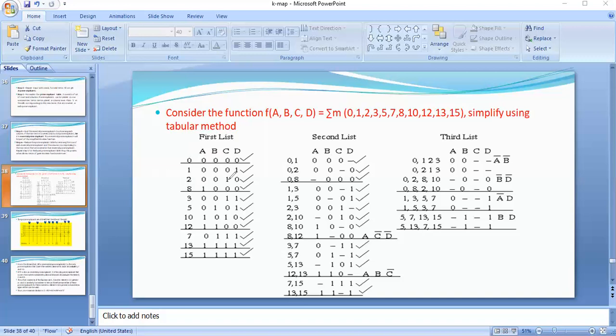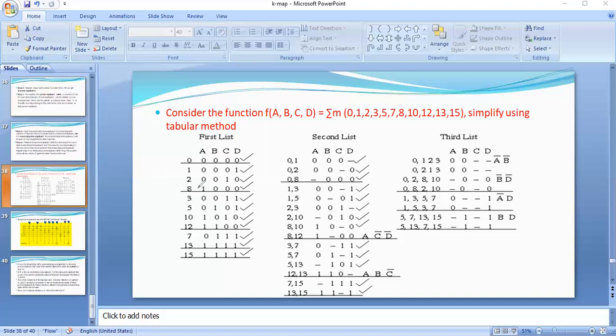See here 0, 0, dash, 0. Only this position is different, so in that place only we have to put a dash. Okay, so 0, 8 is also compared. Why? Because only a single bit position is different. The remaining all 3 bit positions are the same.